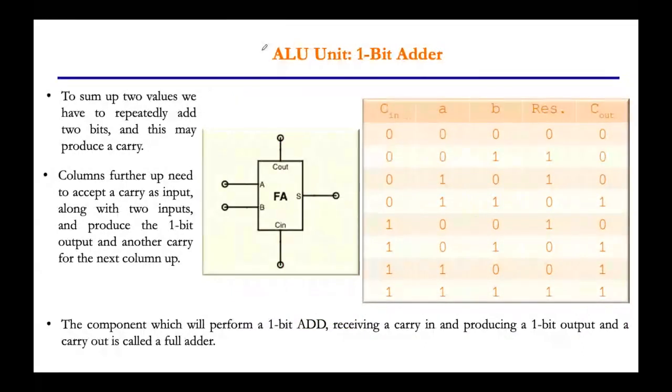Now let's see the simple example of the ALU unit for a 1-bit adder. A 1-bit adder means a bitwise adder. We are just taking two inputs, and it produces one output.